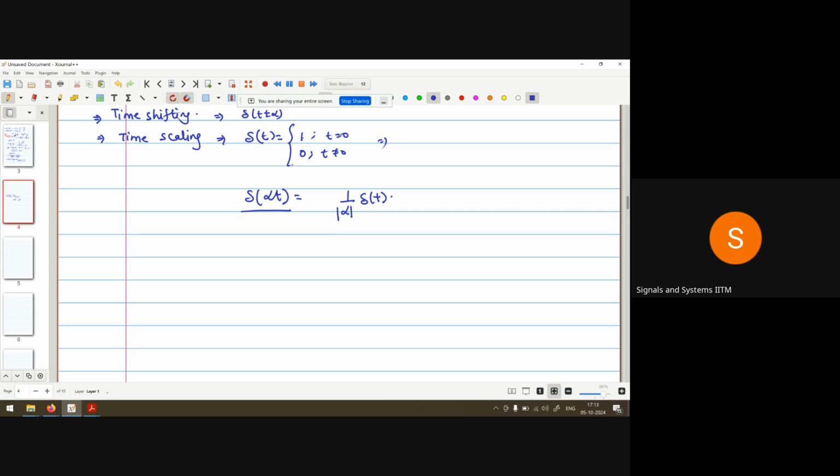Okay, 1 upon mod of alpha del t. This is the second property.